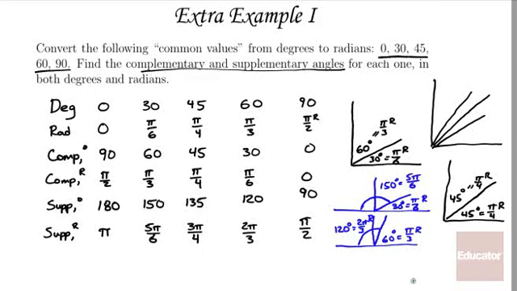And finally, if you start out with a 45-degree angle, which is pi over 4 radians, then its supplement is 135 degrees, which is 3 pi over 4 radians. All of those are angles that you should know very, very well, both in terms of degrees and radians, because we'll be seeing a lot of them in our trigonometry lessons.